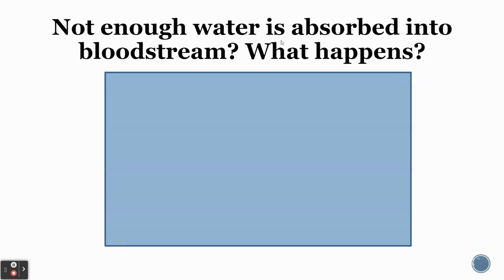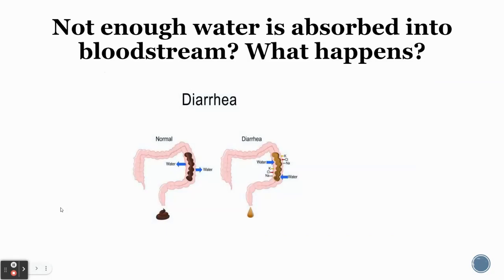What would happen? So remember, your large intestines are responsible for taking water out of your food. So suppose you don't absorb enough water. What that means is that a lot of water stays in your undigested food. So a lot of water is coming out of you. So if you guess that you will likely have diarrhea, that's correct. You would likely have diarrhea.